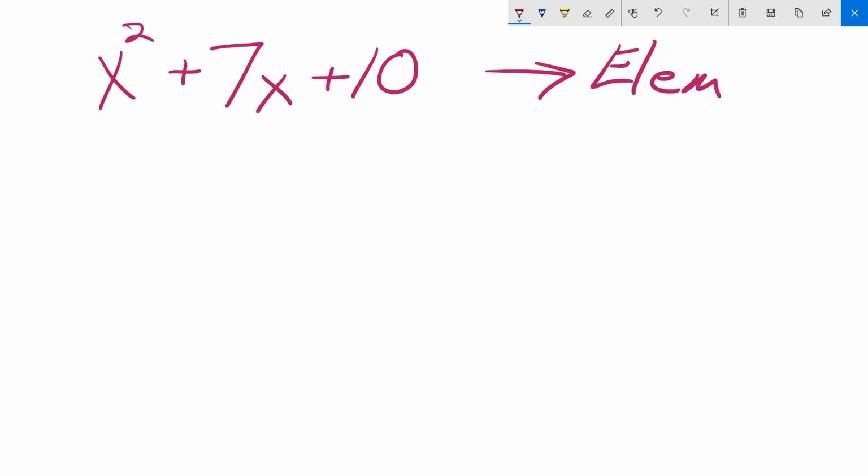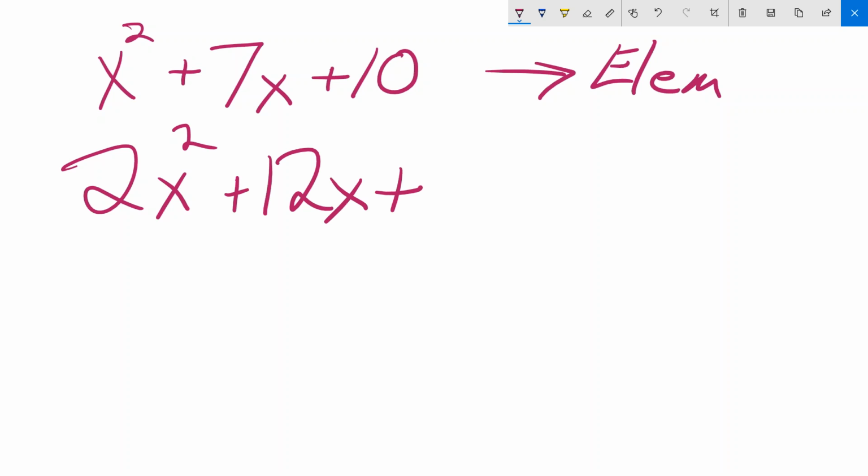Okay? What if I have a quadratic that's like this, where that first term is not a 1? Let me think just for a minute here. I got to figure out this math. Okay, I think this works. It's not what I want. Hold on.